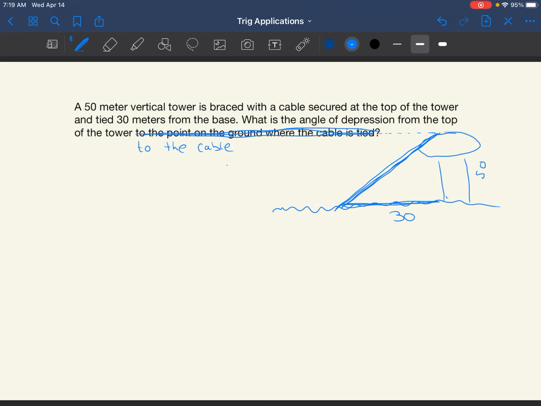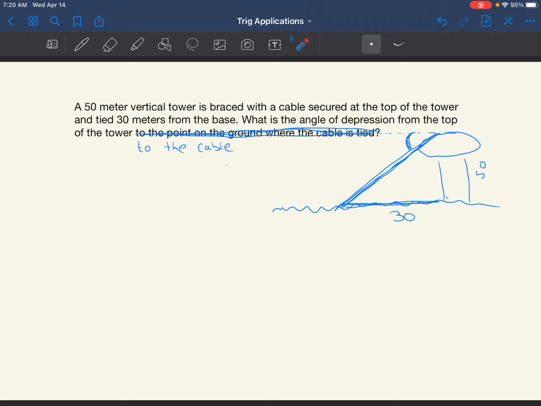And I have to find this angle of depression right here, because the angle of depression goes from that horizontal line down to the cable. That is my angle of depression. It goes down from the horizontal that comes out of the top of the tower down to the cable. I need to find that angle of depression.